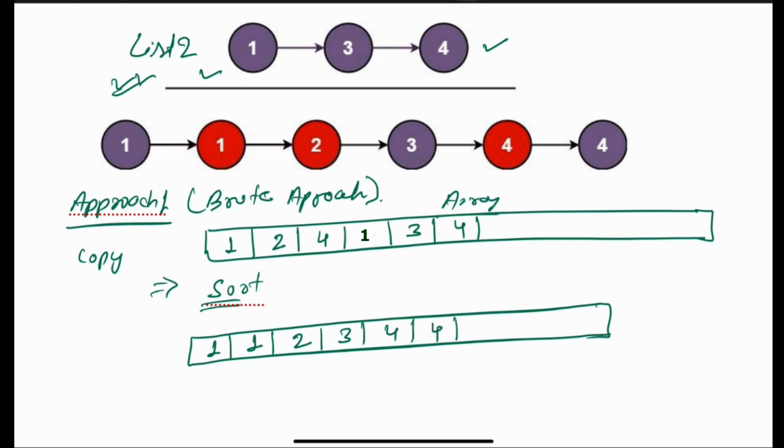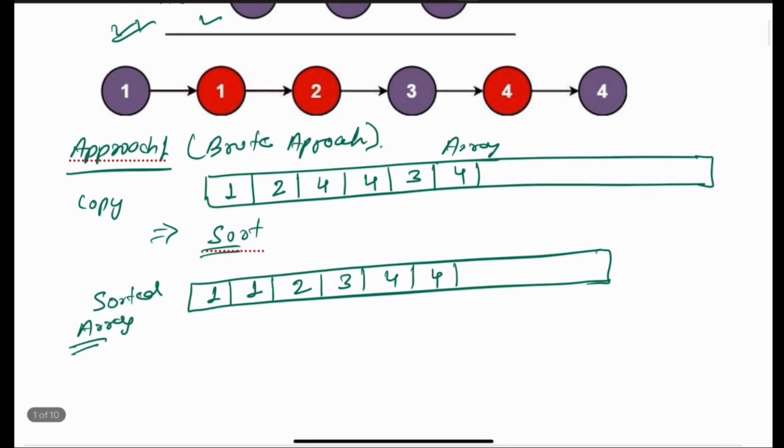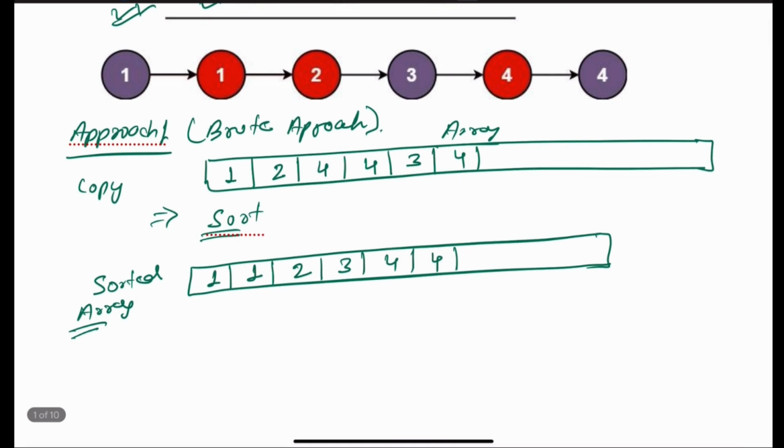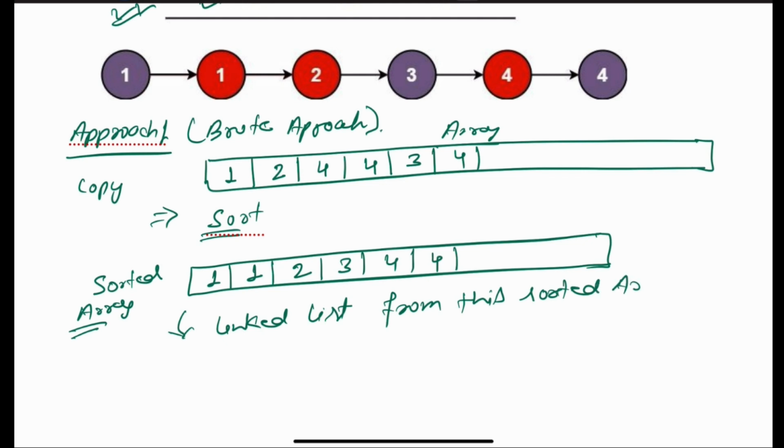So this is my sorted array. And once we get this sorted array, we will create a linked list from this sorted array. Okay, so this is what we are going to do.